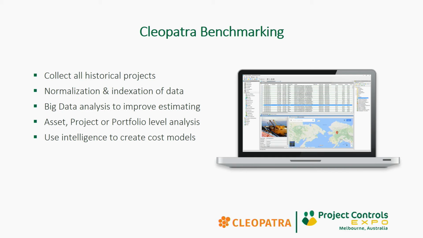So you can do that analysis based on your assets or on your project or on your portfolio, so you're very free and flexible in defining yourself how you want to find that intelligence. And you can use that again in creating your cost models, so basically making early phase models which can help you identify costs in a conceptual phase of your project.